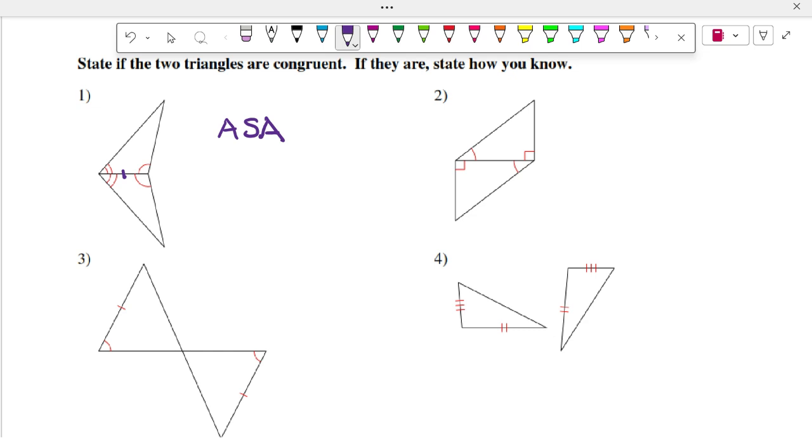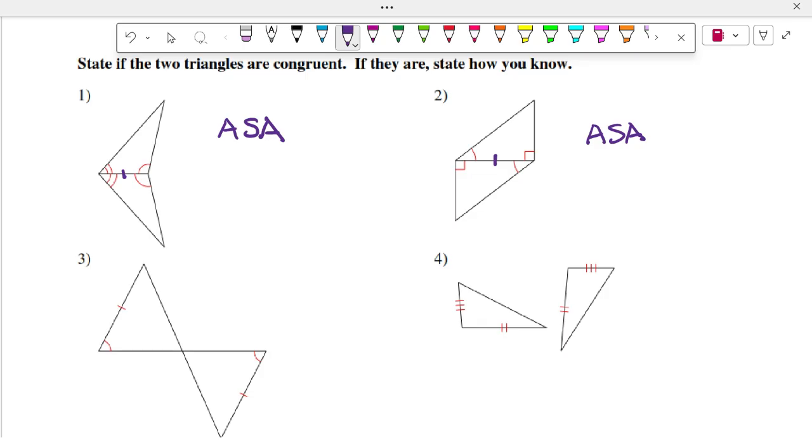So both angles should be made up of that side. That should be one of the rays of the angle. What about 2? Right, the line in the middle is congruent, and yes, we can say it is by ASA, because remember, 90-degree angles are congruent to themselves.